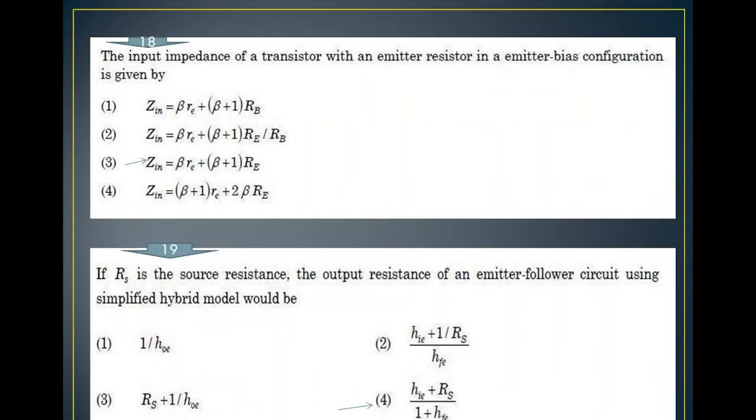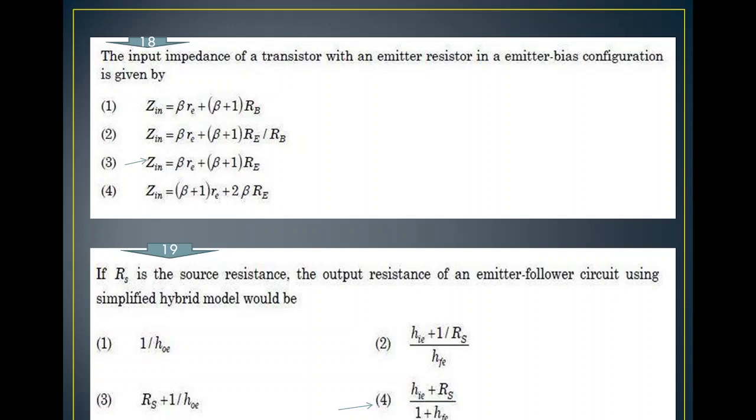Next, question number 18. The input impedance of a transistor with an emitter resistor in an emitter bias configuration is given. That is the correct option. Option third, Z input is equal to beta Re plus 1 beta Re plus beta plus 1 into Re. The next question, question number 19.